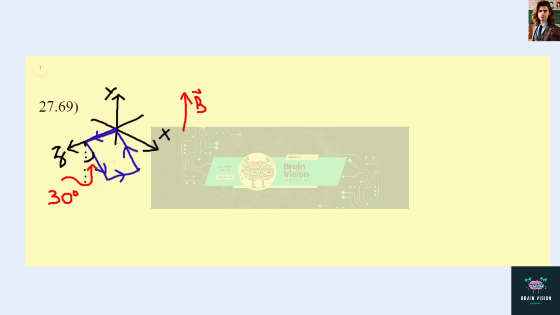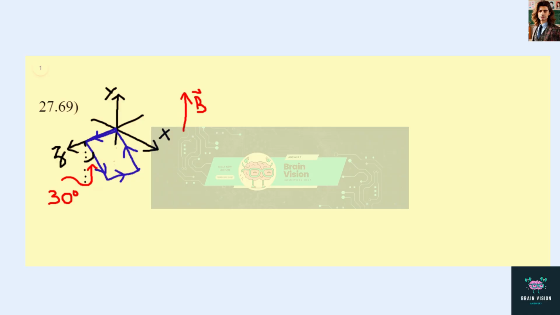Right, so whenever you see anything that involves turning about some axis, the first thing you should think of is angular momentum or torque. If you're not too fresh on that topic, I would suggest going back and revising it, because that's essentially the concept we're going to use here.